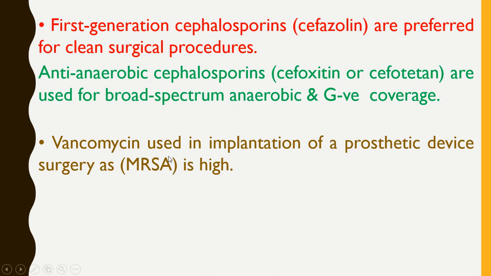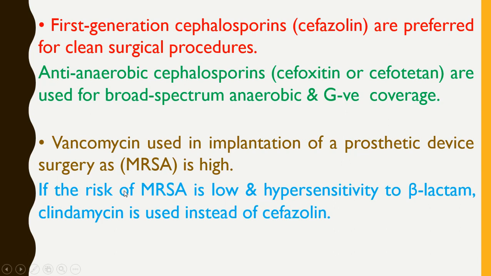Vancomycin is used in implantation of a prosthetic device surgery, as MRSA risk is high, which is methicillin-resistant Staph aureus. If risk of MRSA is low and there is hypersensitivity to beta-lactam, clindamycin is used instead of cefazolin.